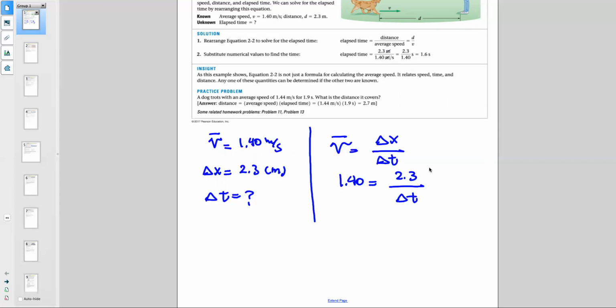A lot of you have problems here, so I'm going to tell you what you need to do. A little bit of an equation box here, or math box, I want to call it.